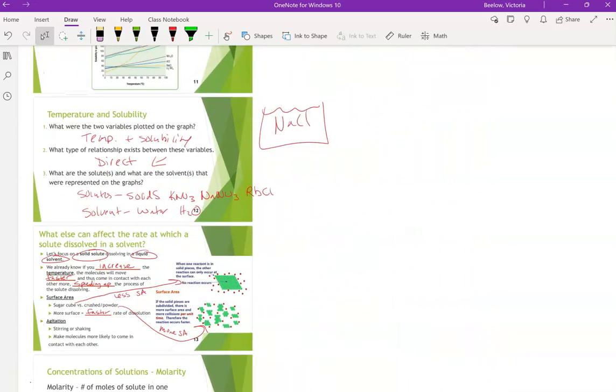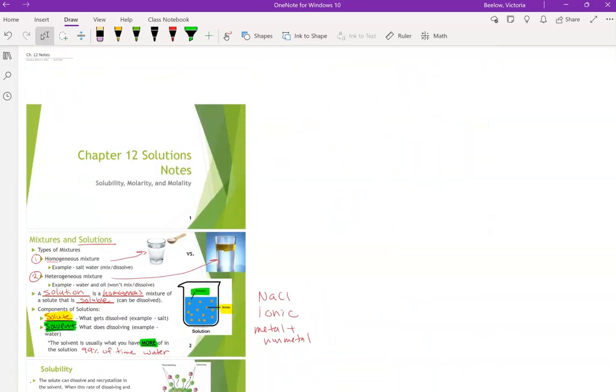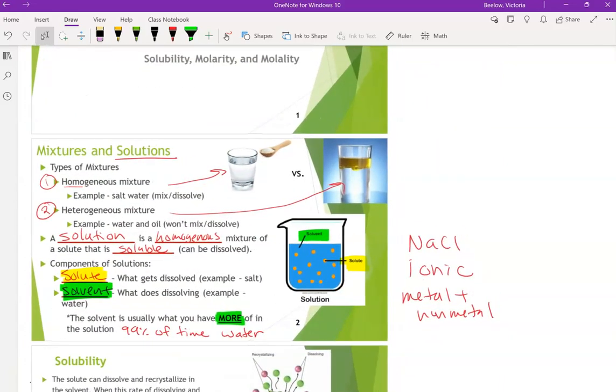So to summarize, we talked about solutions in general. We're focusing on solutions, which are homogeneous, so things that are the same throughout. Mixtures. You have a solute and a solvent. The solute's generally what you have less of. The solvent's what you have more of. 99% of the time, our solvent's going to be water.